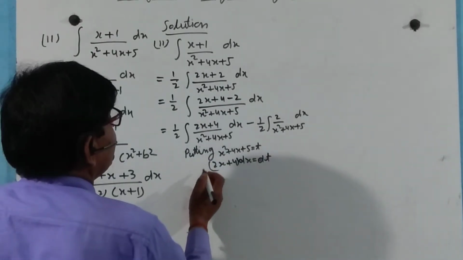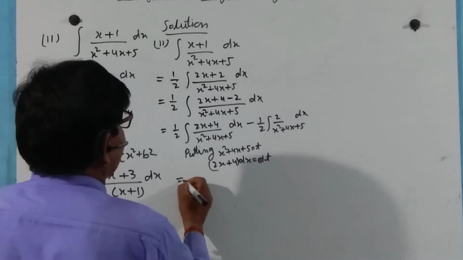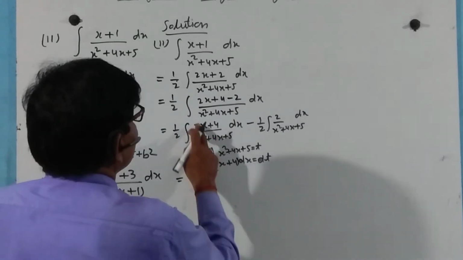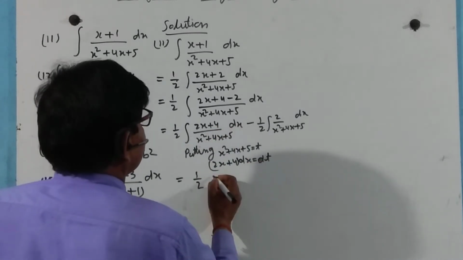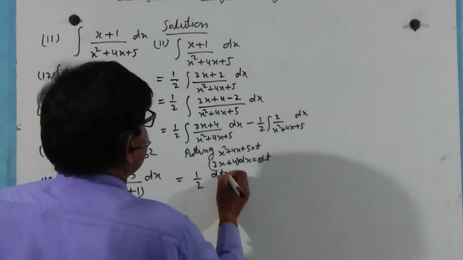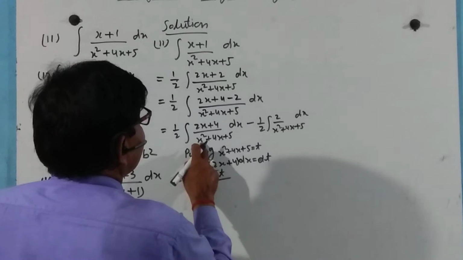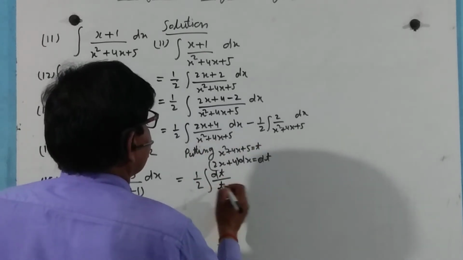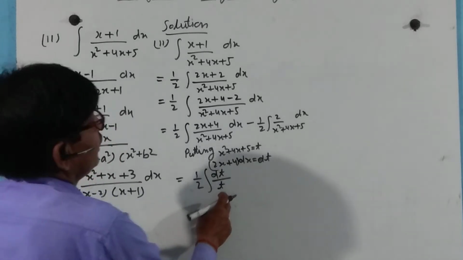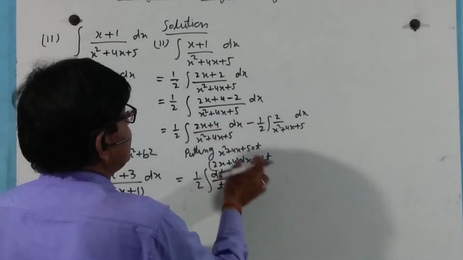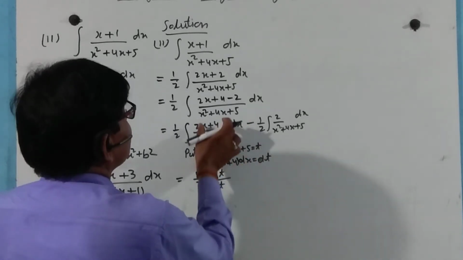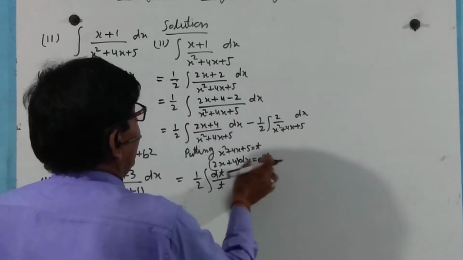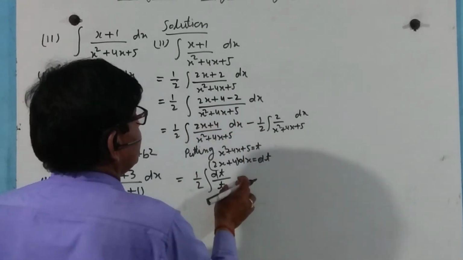Now here this can be written as 1 by 2, where 2x plus 4 dx equal to dt. This can be written as dt divided by t, integration of this, and this is equal to t.